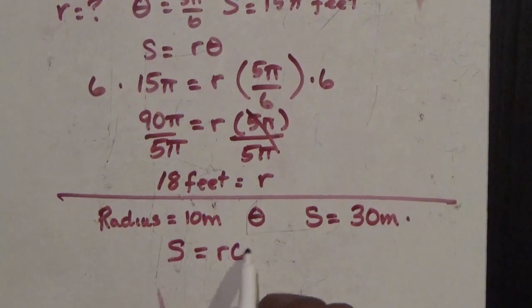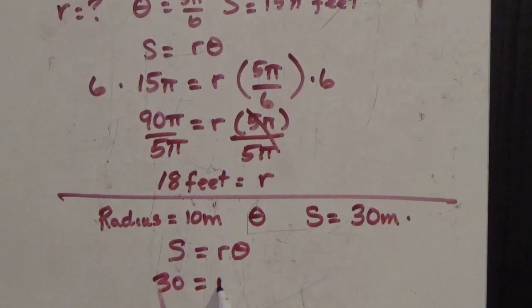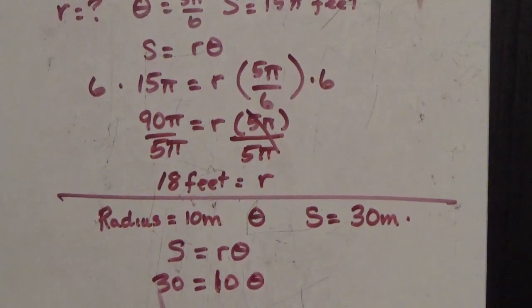S is equal to R theta. So that's 30 is equal to 10 theta. We want to solve for theta, so divide both sides by 10. Theta is going to be equal to 3, and that's 3 radians. Everything's in radians in this case, and we're done.